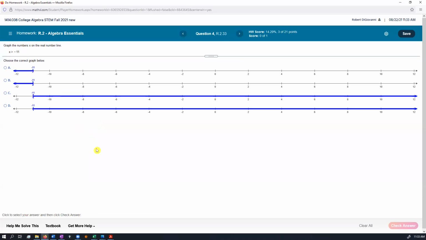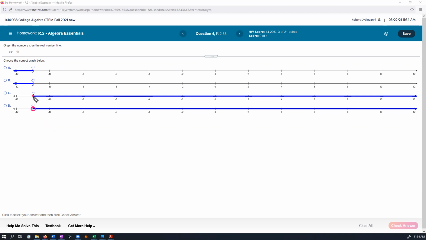All right, now on the next one, we pick which of these graphs represents X being greater than negative 11. So greater means to the right, and we do not want to include negative 11 because there's not a little bar underneath that symbol. So here they use something a little different. I told you a second ago that when we don't want to include, we put an open circle.